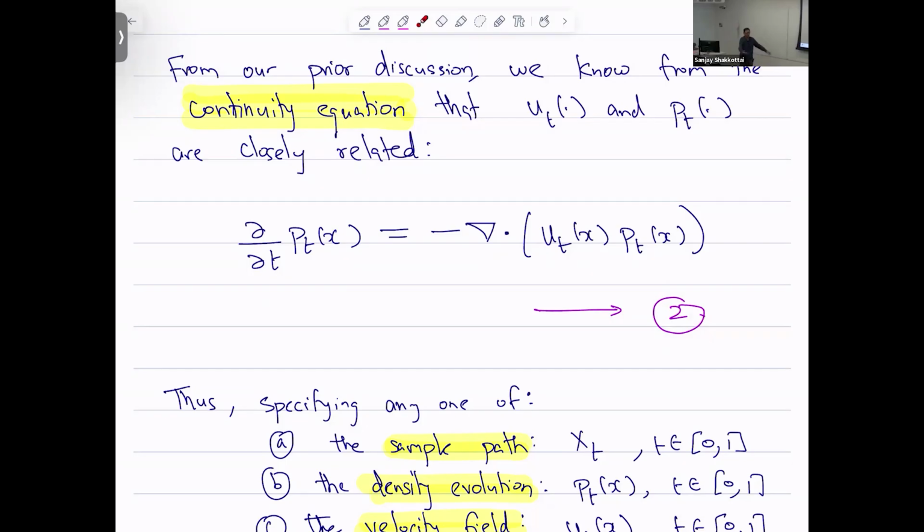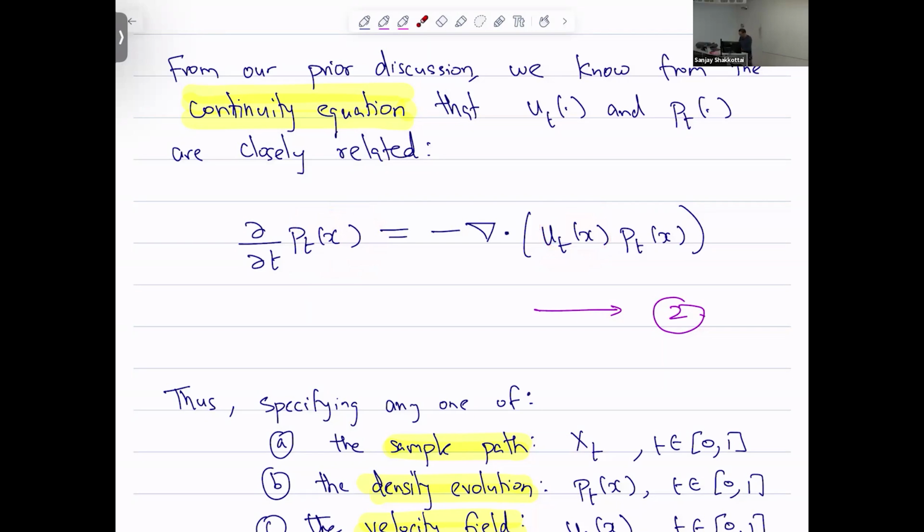The probability is conserved over the entire space, and this is essentially a conservation law. That's all it is. This basic equation we have used again and again in different forms. It tells you that if you have a p_t, you can in principle get a u_t out of it by solving this equation, or equivalently, if you have a u_t, you should be able to get a p_t out of it.